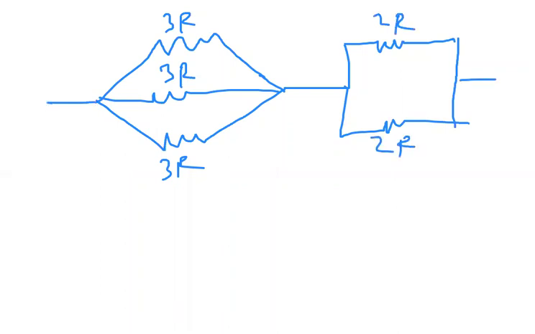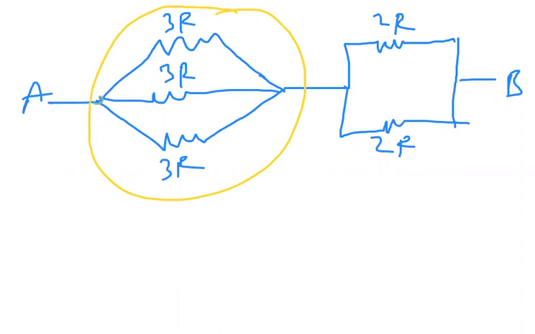And what is the effective resistance between A and B? Now, first you observe carefully, all are between the same points. Everything is between these 2 points. So all are in parallel.